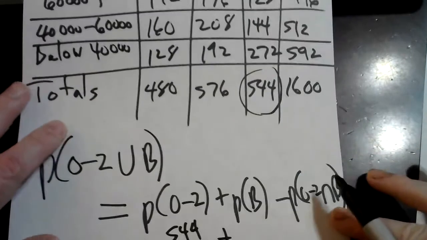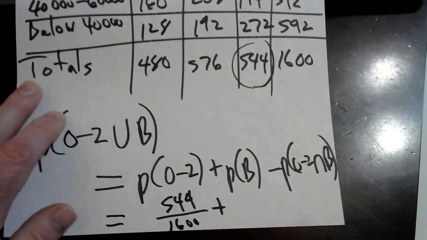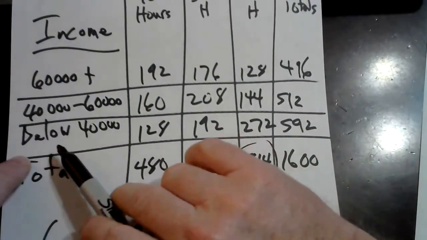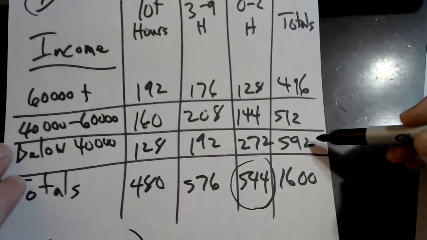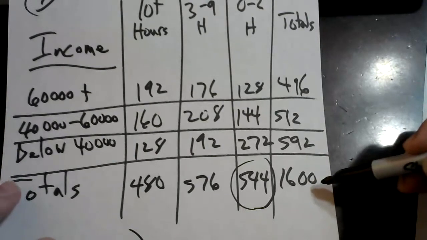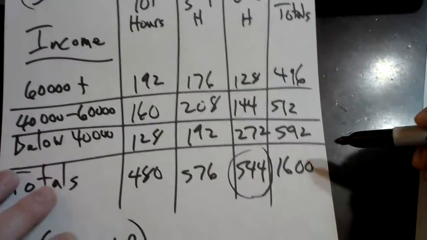All right. Now let's calculate the probability that they make less than 40,000 per year. So let's go back to the chart. Notice that you need to look at the below 40,000 row, and it looks like there are a total of 592 people out of 1,600 that make below 40,000 per year. So the probability of that is 592 out of 1600.